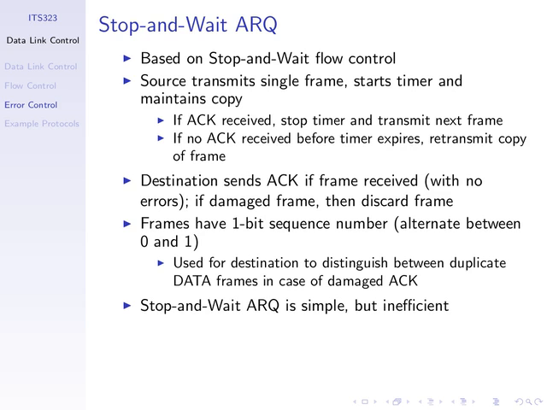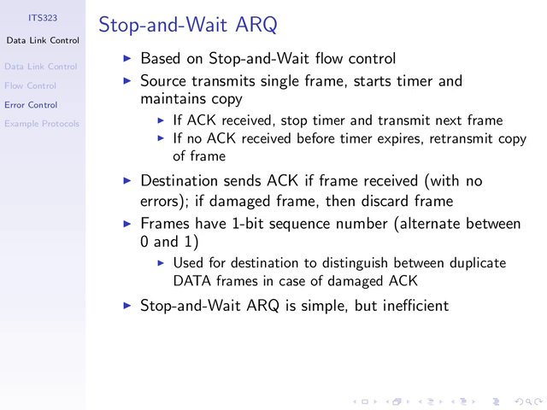We start a timer and maintain a copy of that frame. So I transmit the first frame, now I start my timer, store a copy of that first frame in memory at the source, and if I receive an ACK, everything's okay and I can move on to the next frame. If I don't receive an ACK before my timer reaches some limit, we say some timeout occurs, then I'll retransmit.